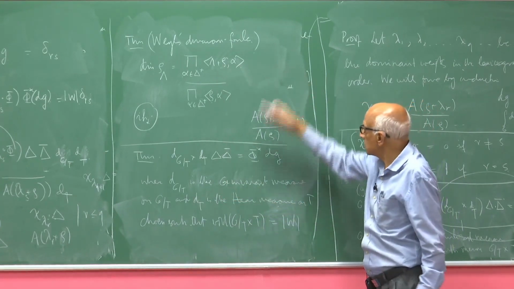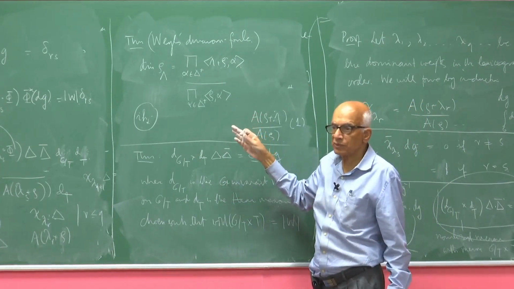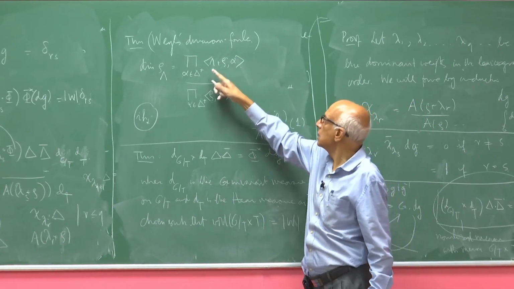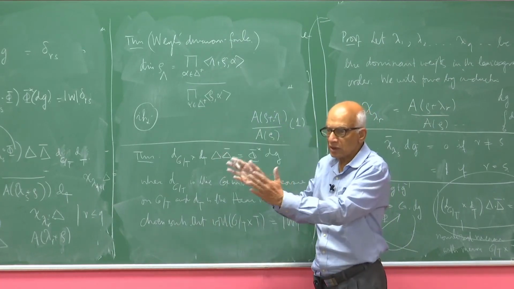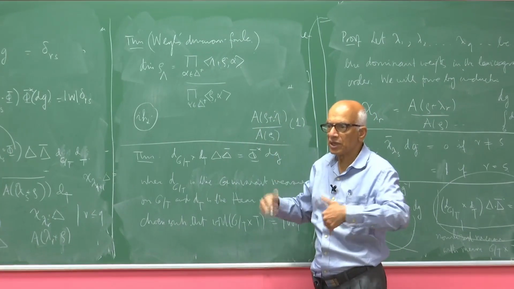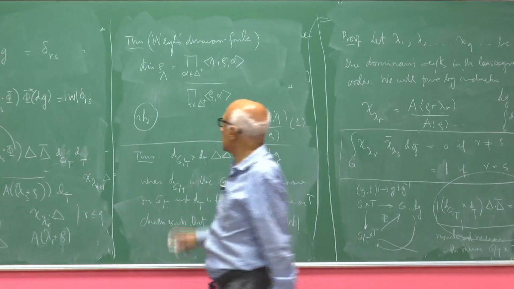So you do it for all the roots, and each time one factor lambda plus rho alpha pulls out, and you get a product of other things. Keep on differentiating, and that's how you get the dimension formula.